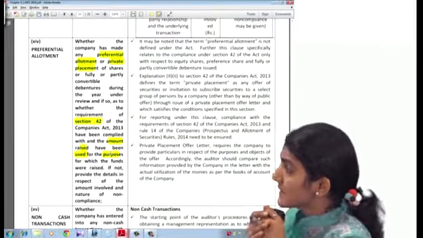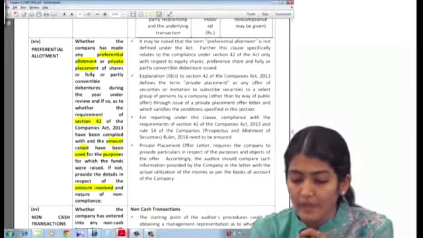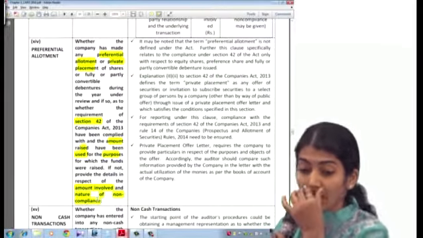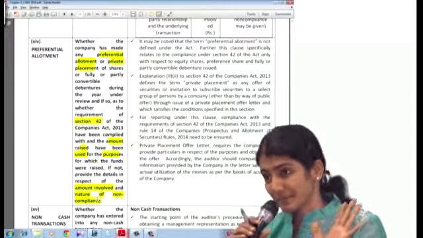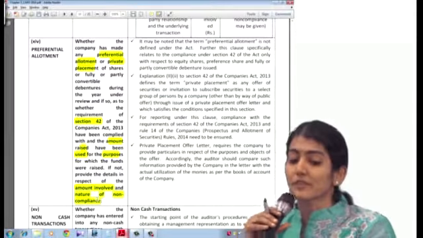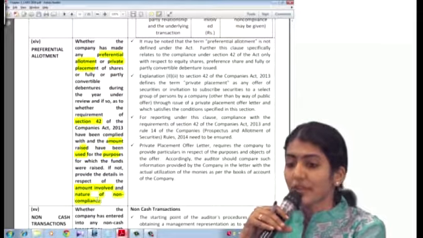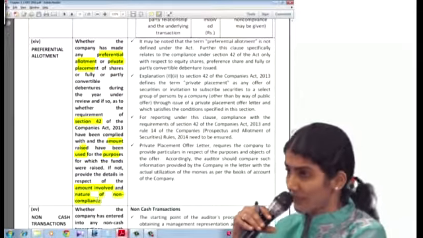If not, provide the details in respect of the amount involved and the nature of non-compliance. But here they have not said subsequent rectification. What does it say? The amount involved and the nature of the non-compliance.